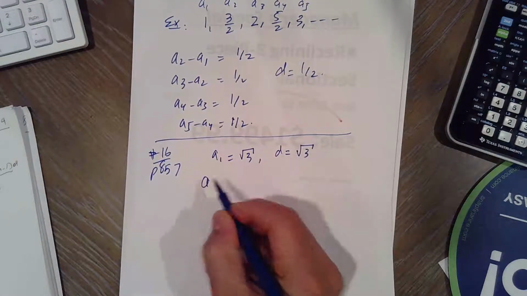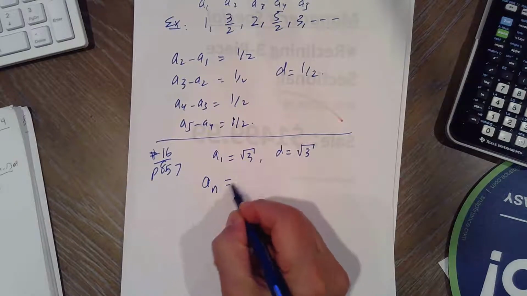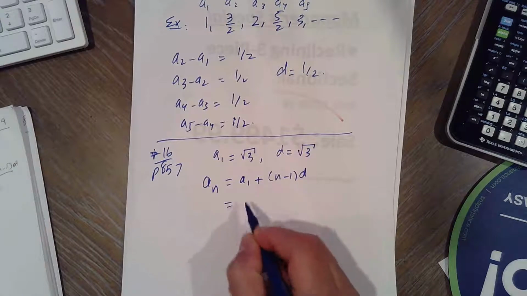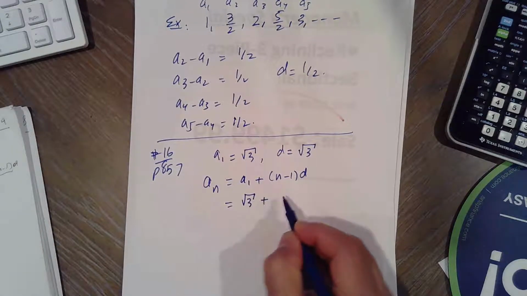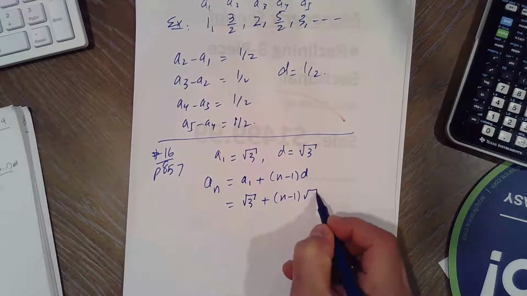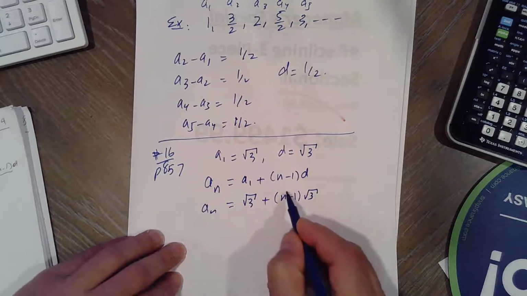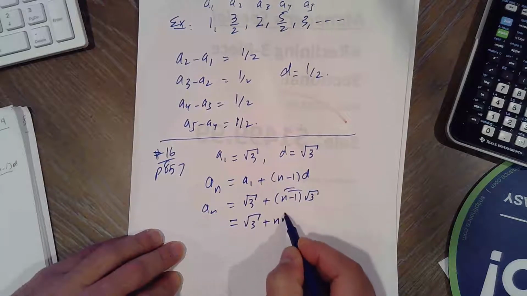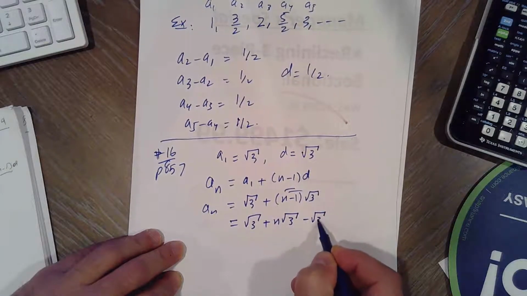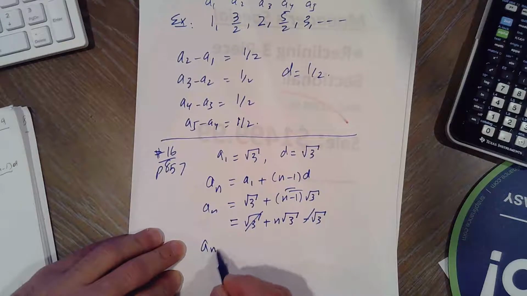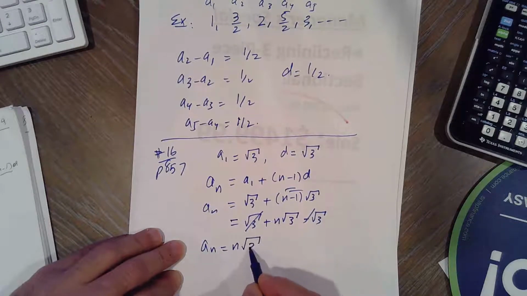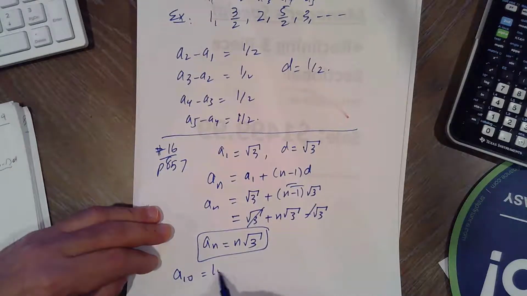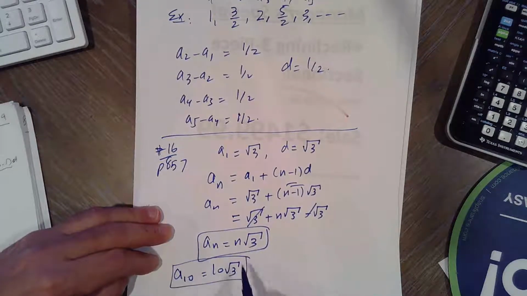What's the nth term? We know it's arithmetic, they're telling us, so we should know this formula: a1 plus (n minus 1)d. A1 is root 3, d is also root 3. So let's distribute to make it look simpler. This equals root 3 plus n root 3 minus root 3. So now you can find any term you want. They want the 10th term, so n is 10. It's 10 root 3.